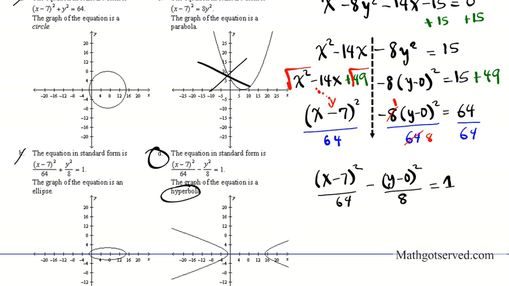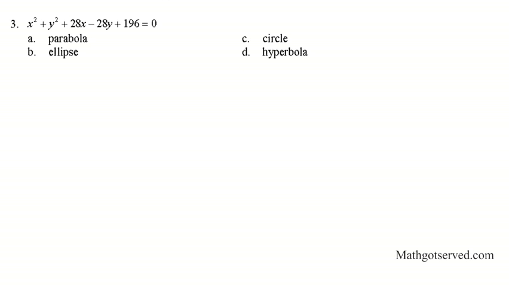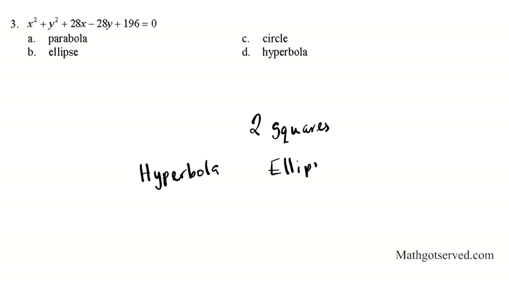All right, let's move along to question number 3. What conic is this? Now you notice that if you have two squares, it's either a hyperbola, an ellipse, or a circle. Okay, if you have just one square, it's automatically a parabola.